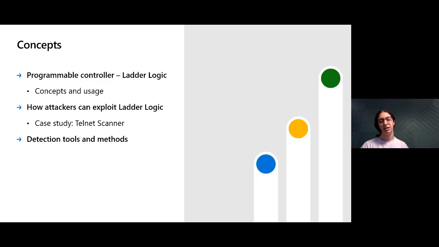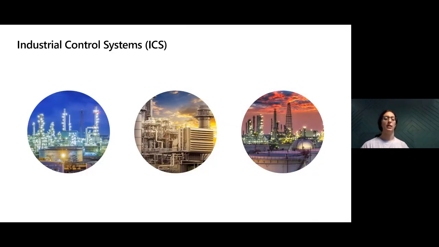Before we begin diving into technical details, we first need to understand what the term ICS means. ICS stands for Industrial Control Systems. ICS describes different types of control systems and instrumentation, such as devices, systems, networks, and protocols that are used to operate and automate industrial processes.